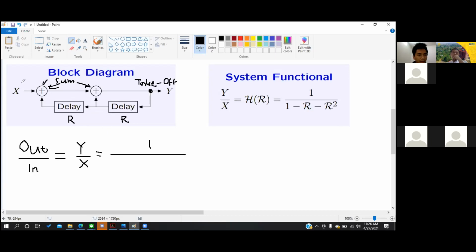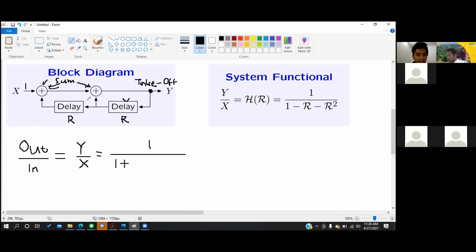So we represent x by 1 here. So 1 is summed with a delay, but this delay in particular is actually a delayed version of the later delay.